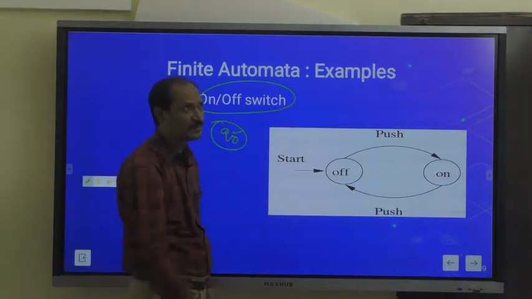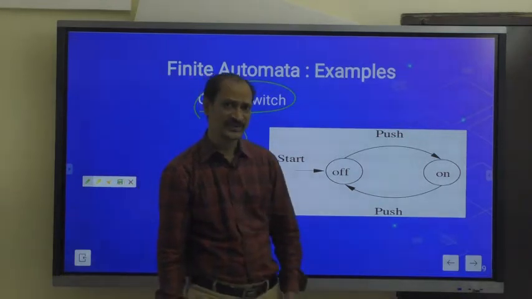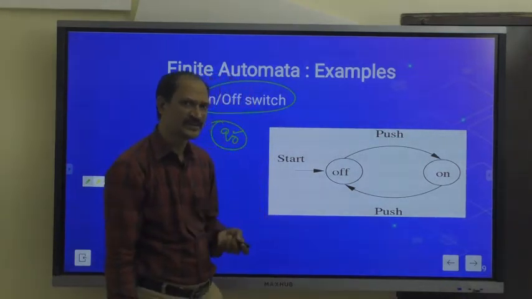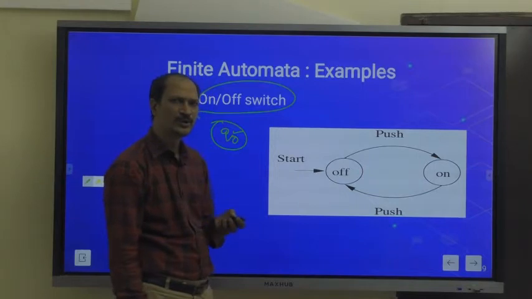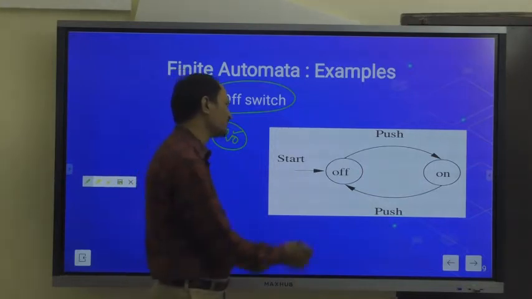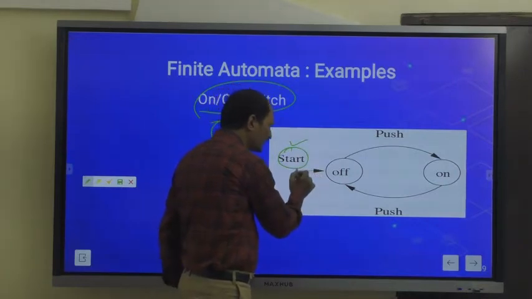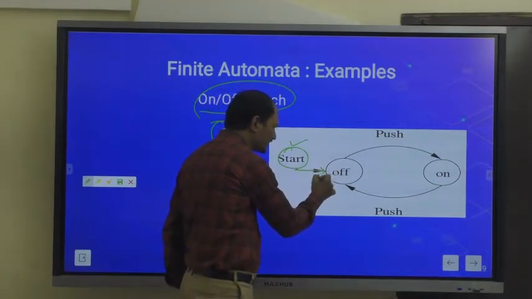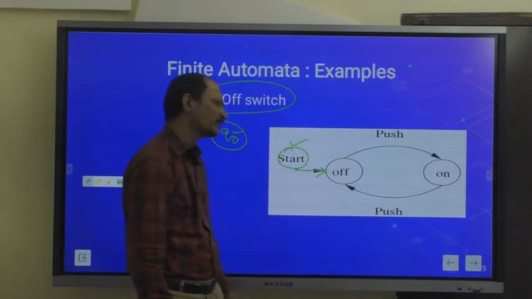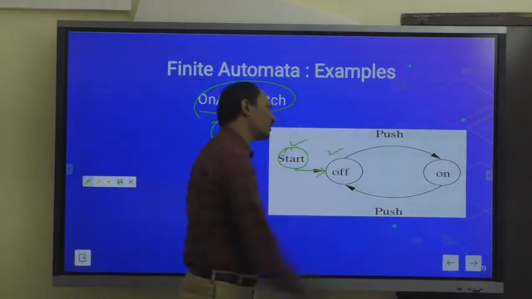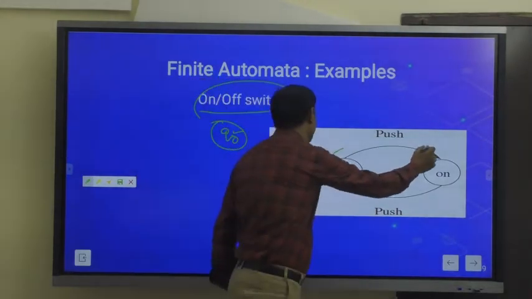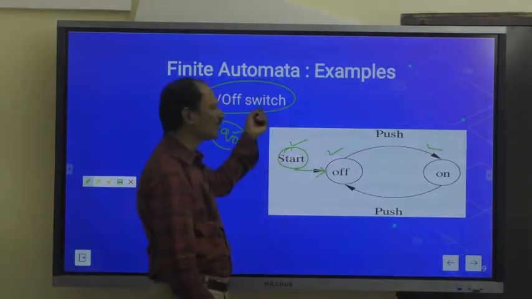Similarly, a bulb has two states, an on state and an off state. A switch is also going to have two states, on and off. This is the start, a standard notation that we always use in FLAT. These are the two states, the off state and the on state, and this is an on-off switch.